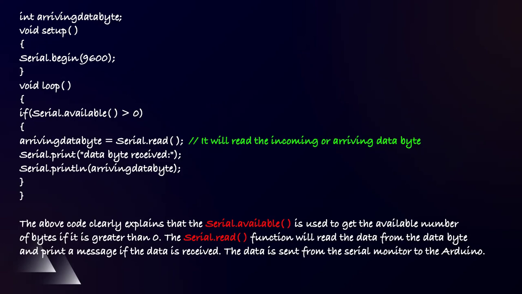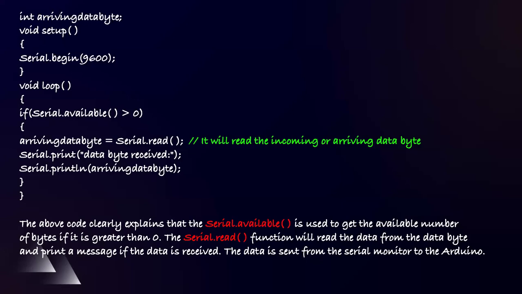The Serial.read function will read the data byte and print a message if the data is received. The data is sent from the serial monitor to the Arduino. This is the whole process flow when we are using Serial.read. I hope it is clear to everybody. Let's see further.